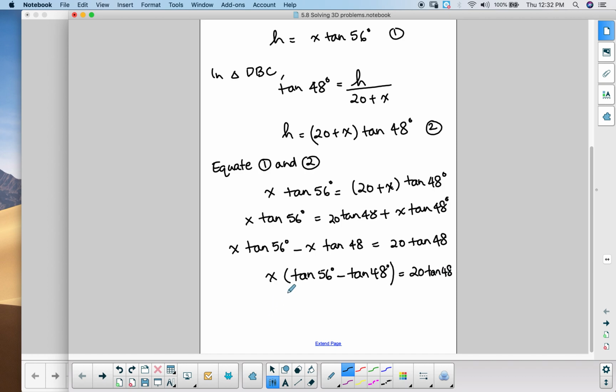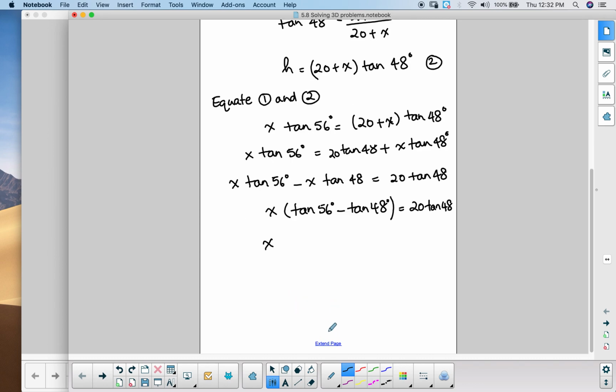So we can isolate the X here. X equals 20 times tan of 48 divided by tan of 56 degrees minus tan of 48 degrees.